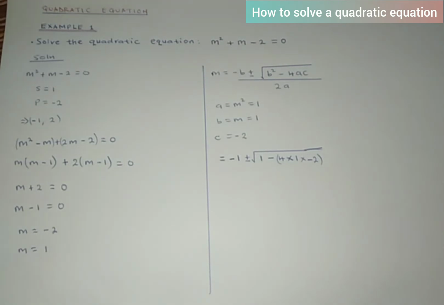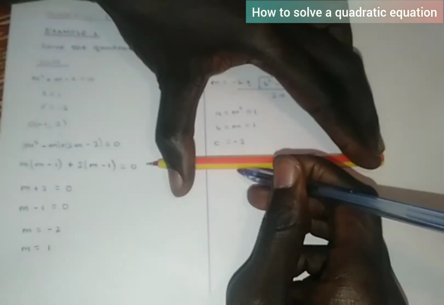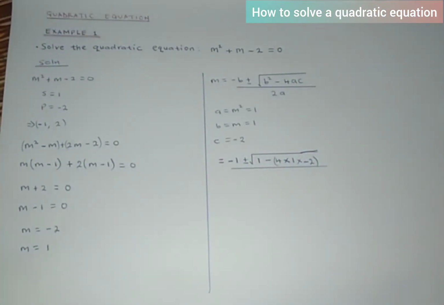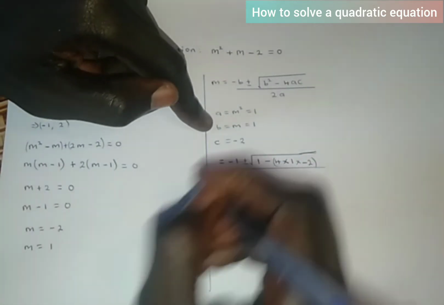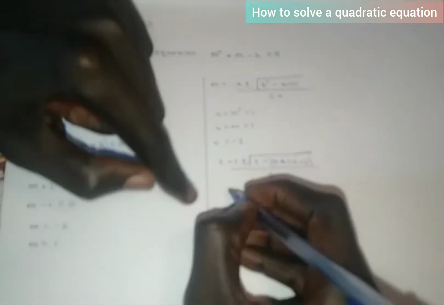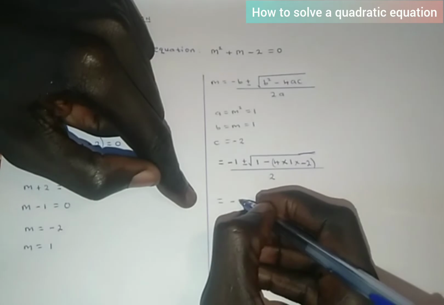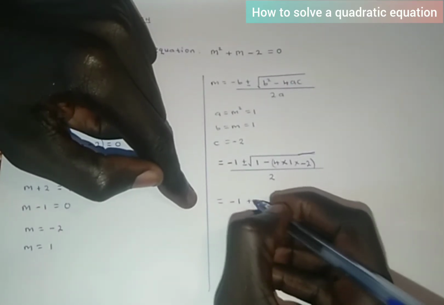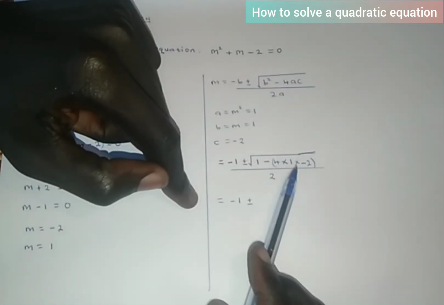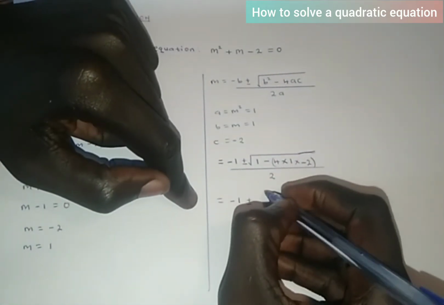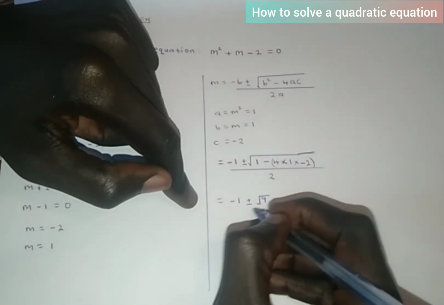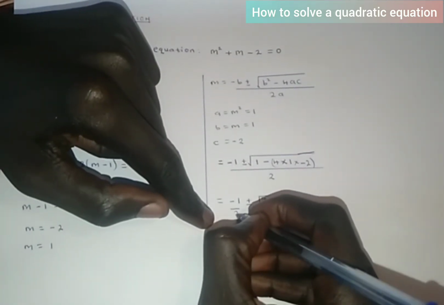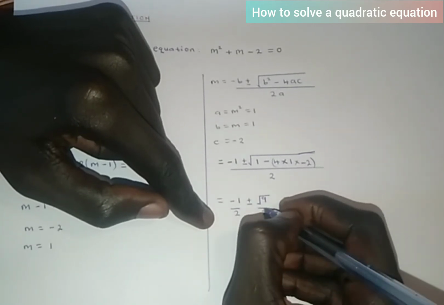Then divide everything by 2a. A is 1, so 2 times 1 will be 2. So we have -1 plus or minus the square root of 9, divided by 2.